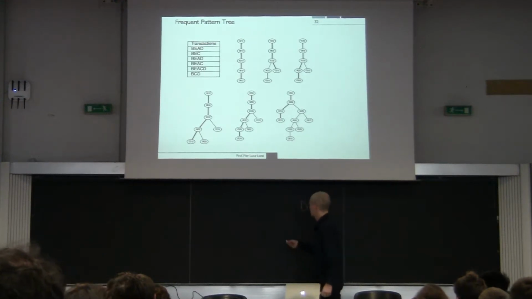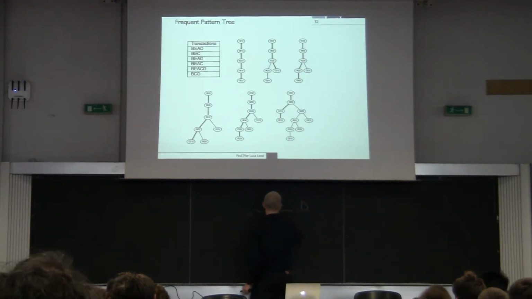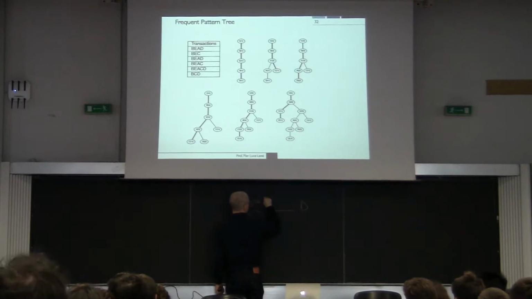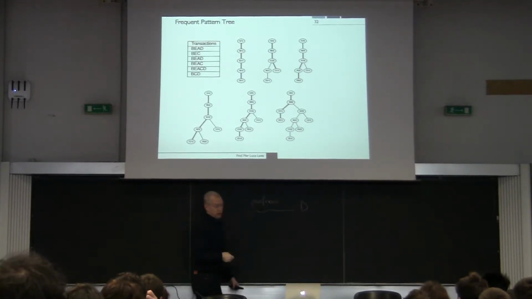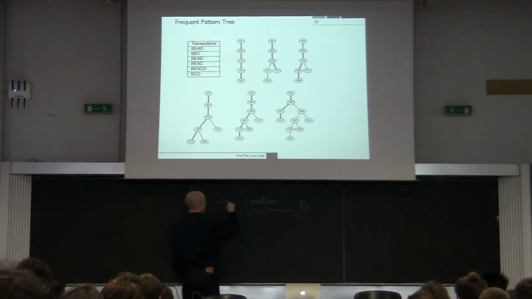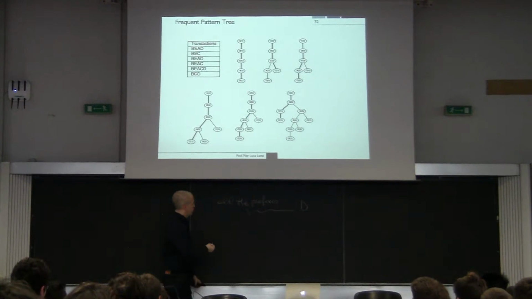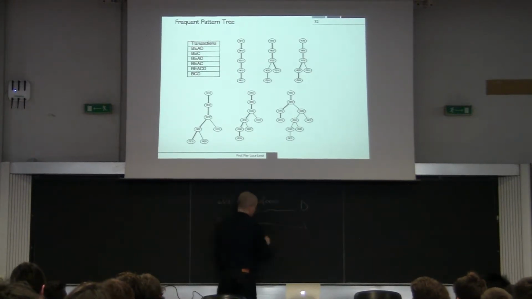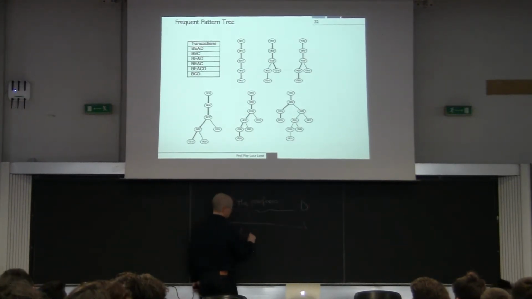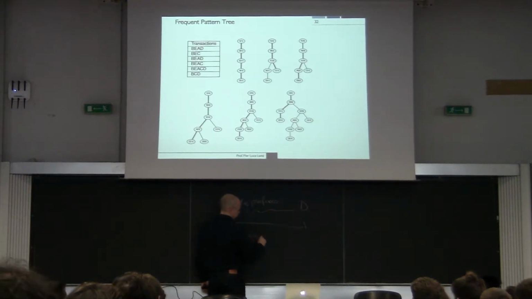And now I'm going to find all the prefixes that basically end up in D. And so these are my frequent item sets that end with D.